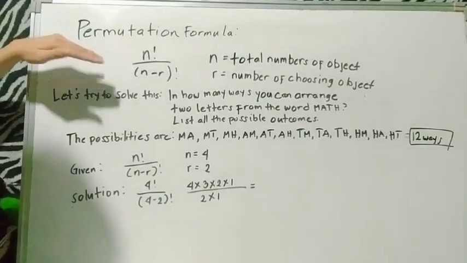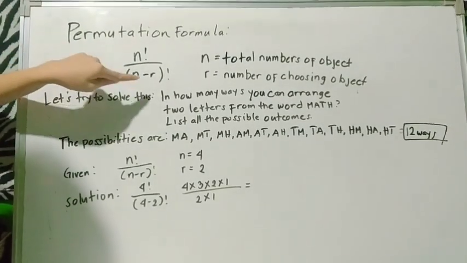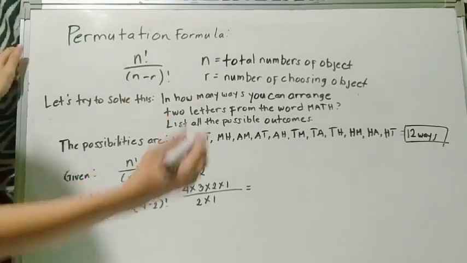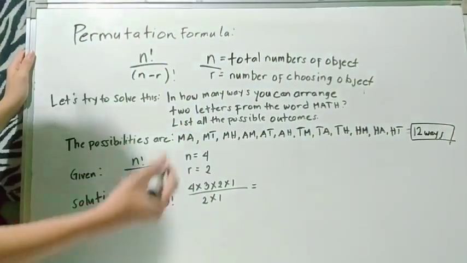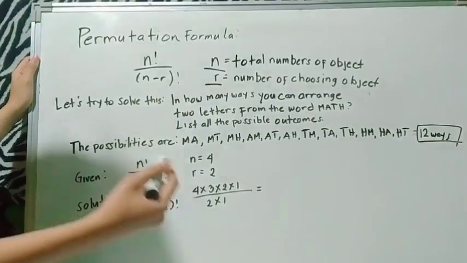So the permutation formula is n factorial over (n minus r) factorial. The n stands for the total number of objects and r is the number of chosen objects.